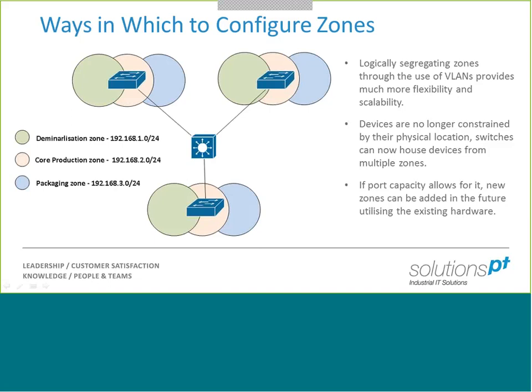This would be through the use of VLANs. So we would essentially be using trunk ports between our switches into our layer 3 switch there in the middle, and for us to create a new zone is as simple as configuring a new VLAN on our network devices, giving it a new IP address range, configuring the access ports to use that VLAN, and then connecting the end devices into it.